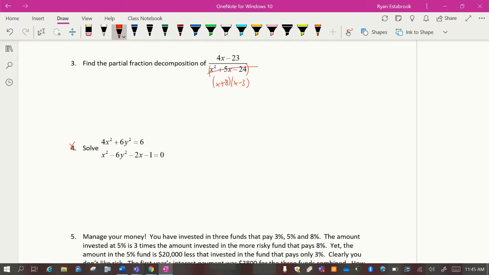So this is the expression. This is what we're given. We're going to turn it into an equation. Instead of having this one big fraction with a squared denominator, we're going to say that we want to have this as some number over just this linear x plus 8 and some other number over the linear x minus 3. So we have this big equation.